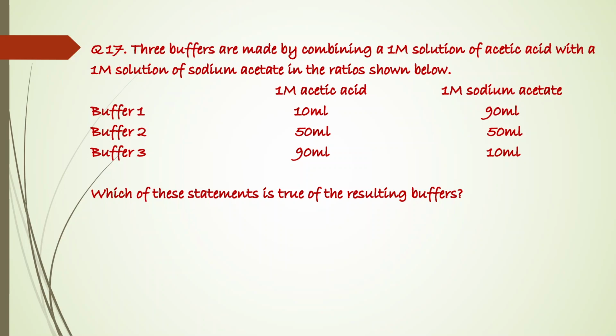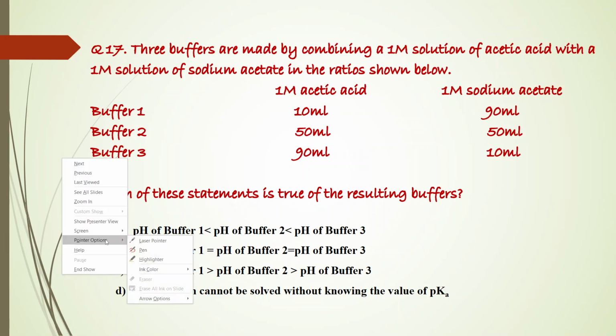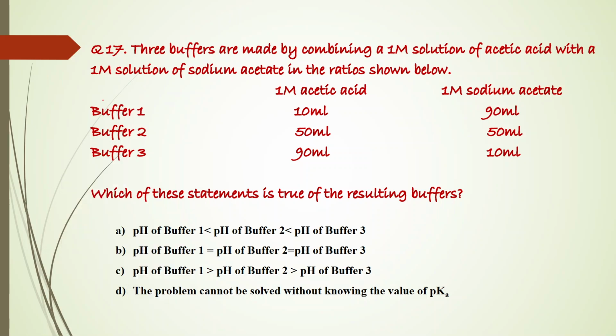Okay. Three buffers are made by combining a 1 molar solution of acetic acid with a 1 molar solution of sodium acetate. So basically it is your HA and NaA in three ratios. There are three buffers, buffer 1, 2, 3. Buffer 1 has 10 ml of 1 molar acetic acid and 90 ml of 1 molar sodium acetate.